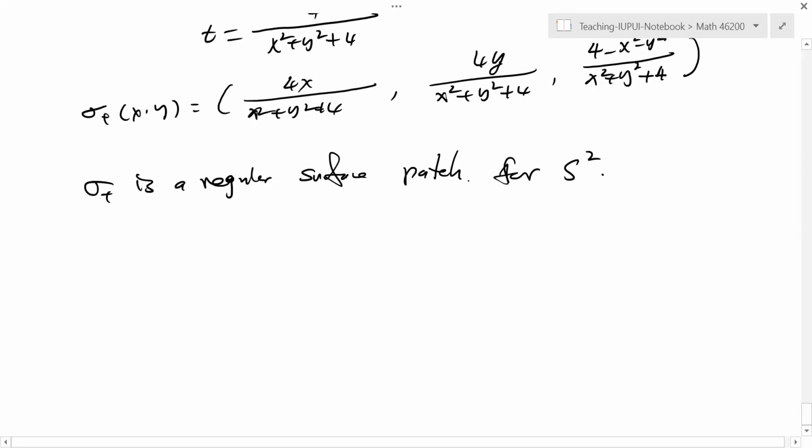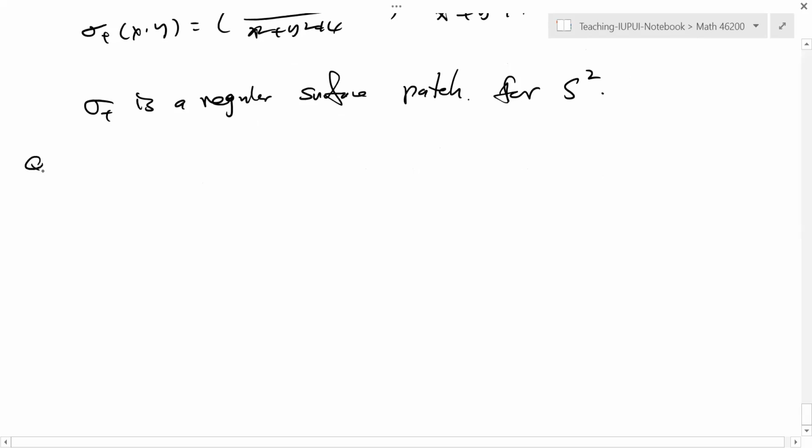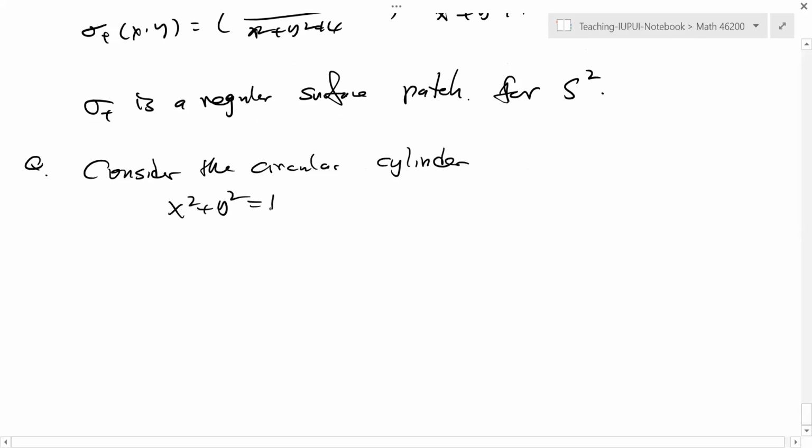Right, let's continue. Consider the circular cylinder, x squared plus y squared equals 1. It's determined by this equation.